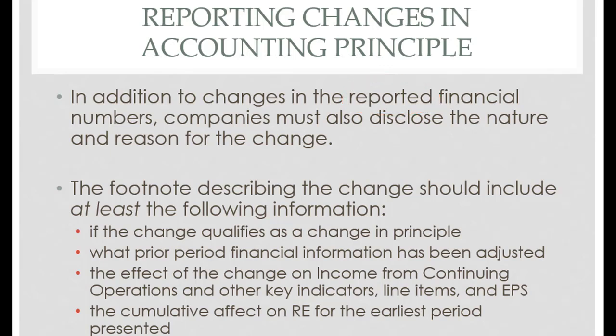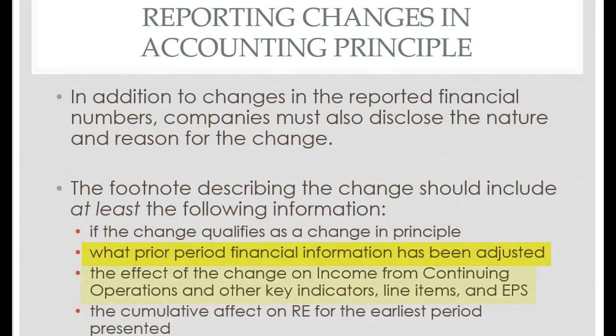In addition, the footnotes require some extensive disclosures. So you have to include at least the following. First, you discuss if it's really a change in principle or if it's one of those changes in principle that's treated as a change in estimate. So we've just done a little change in estimate tweak. You also have to talk about what numbers in the prior period financial statements have been changed.